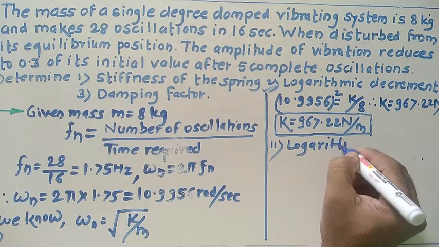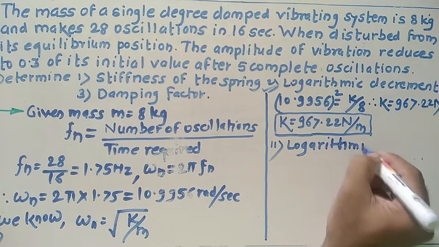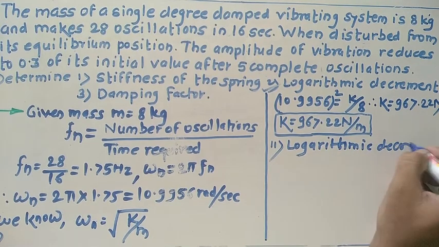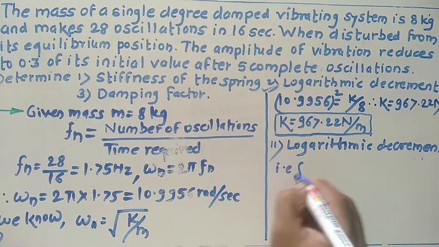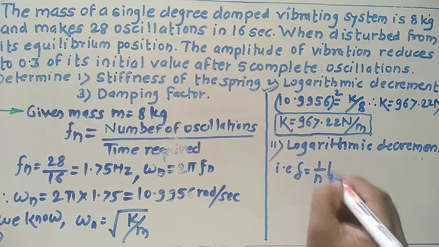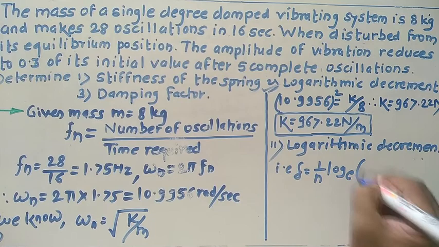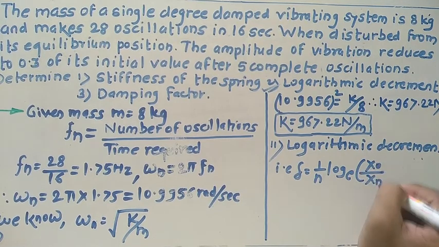Logarithmic decrement, that is delta equals 1 upon n log to the base e x naught divided by xn. In this way the relation is with us.